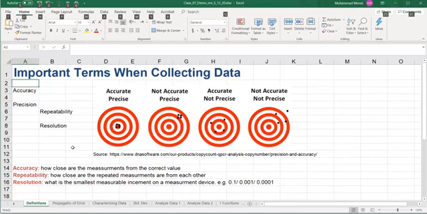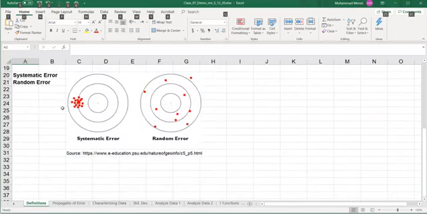So let's look at different types of errors. We'll learn about two types of errors here. The first is systematic error, as in the previous example. Let's say you have a scale that is not calibrated, and even with no object on the scale it measures, say, 0.2 grams.